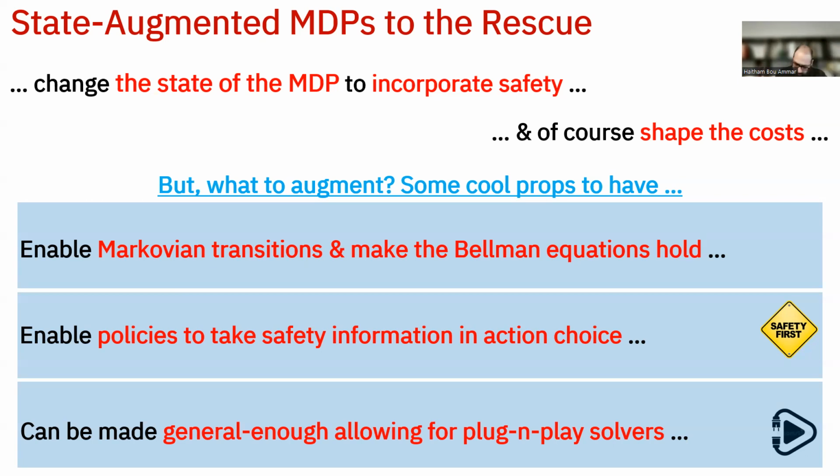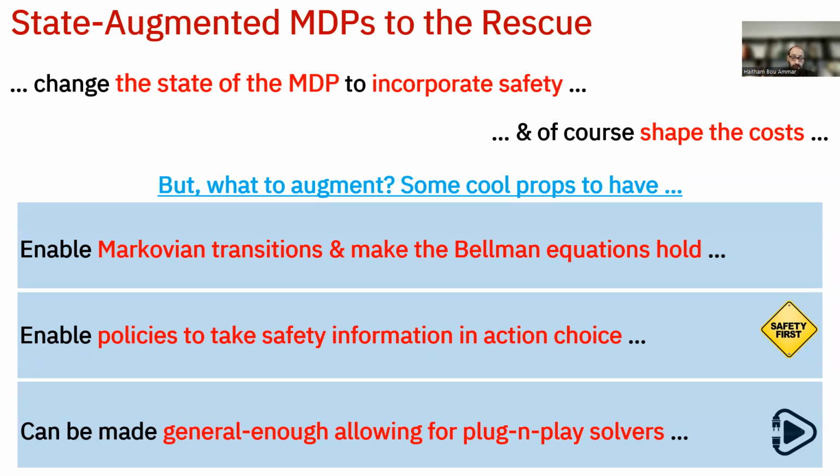And then we said, okay, let's devise another form of solution to this problem by taking into account an augmentation to my state variable. With that augmentation, I wanted to take safety into consideration, so my policy depends explicitly on safety features. And also I want to augment it in such a way that I have Markovian transitions. Okay. Sounds good.